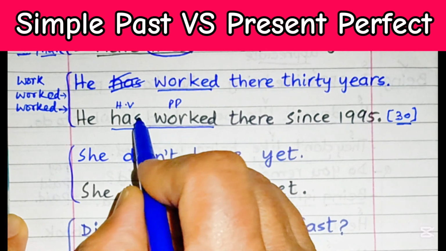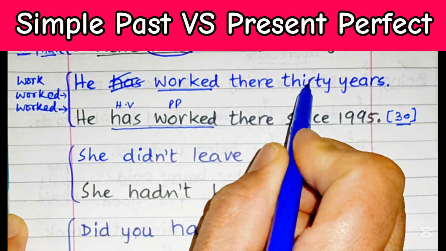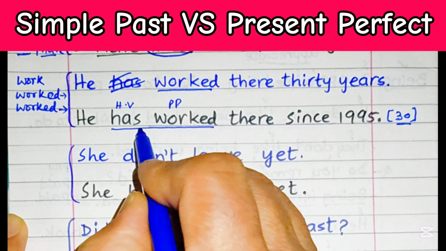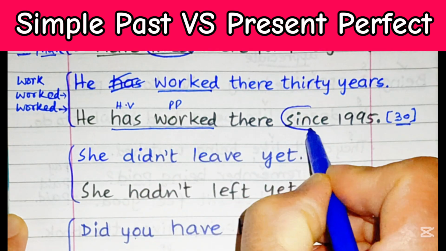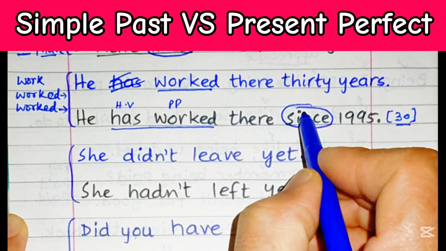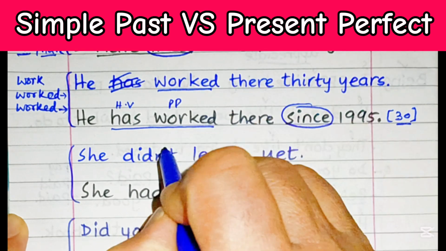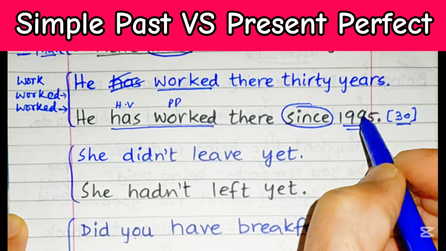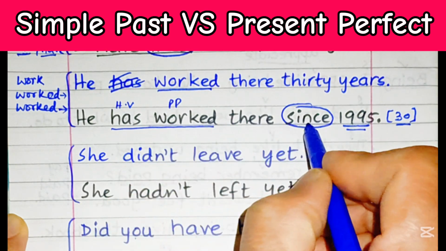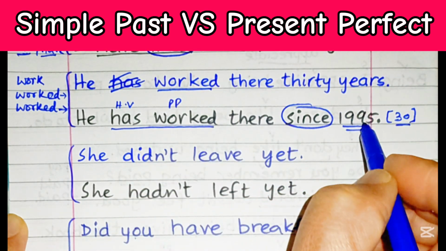So he worked there for 30 years, and he has worked there for 30 years. But if we use since and then go back 30 years, since 1995, he has worked there since 1995.